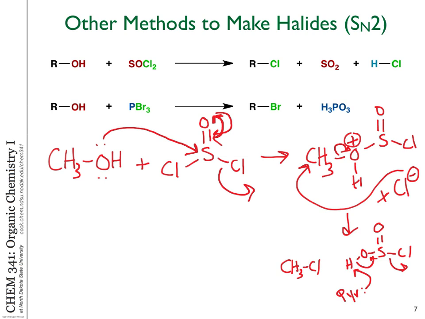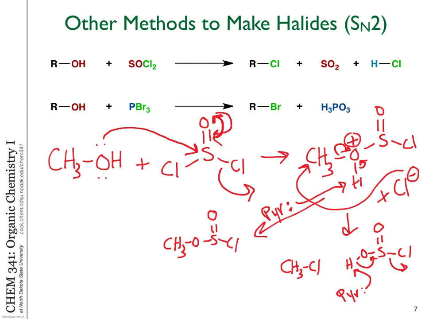Your book actually draws this slightly differently. Your book takes off the proton first. So, hope I'm not scribbling too much here. The pyridine base first reacts to neutralize that O+. And that's perfectly legitimate as well.